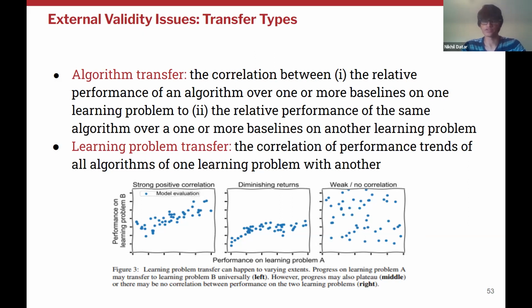Now, it's important in literature to identify cases in which there actually is learning problem transfer, because we want to develop algorithms that can easily be run on different learning problems, different data sets, and when the metrics are different. That's actually how algorithmic progress results. Often we have an algorithm that has been trained on one particular learning problem, and we know somehow that it's going to transfer well to another learning problem, and we can make improvements based on that.